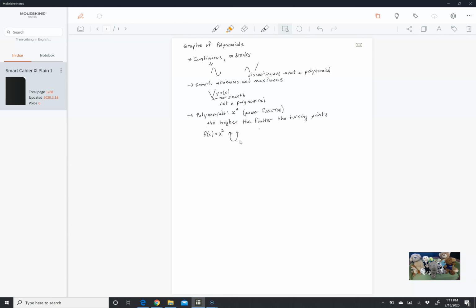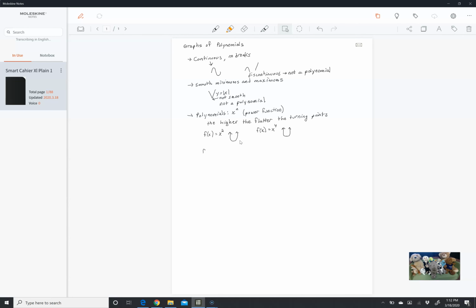If we have f of x equals x to the fourth, it starts to get flatter. And if we have f of x equals x to the sixth, it's even flatter. And I'll show you what that looks like in Desmos in a second.